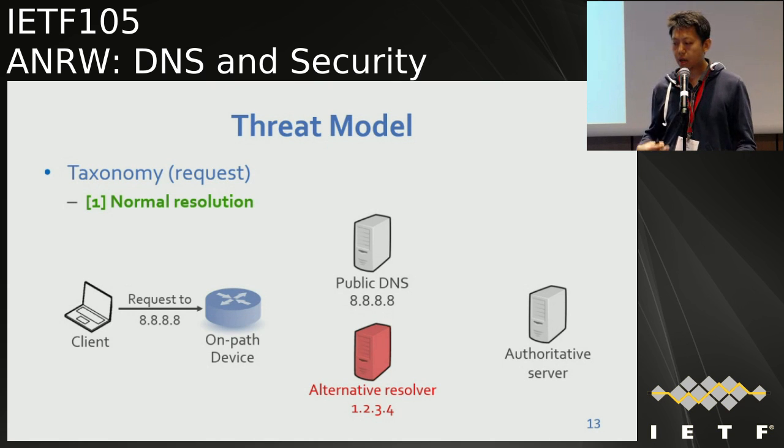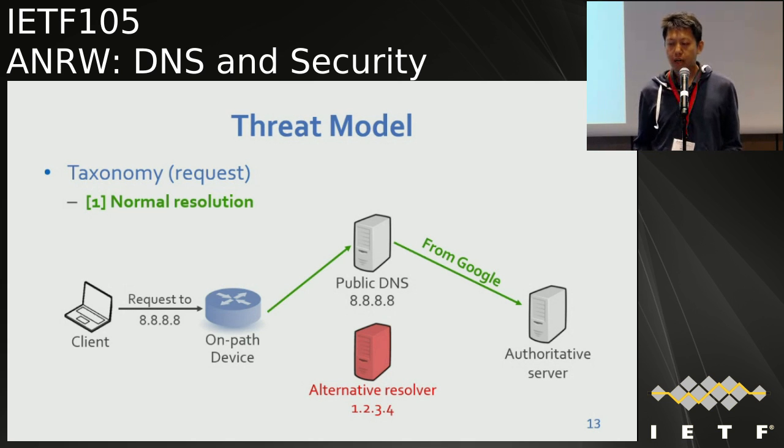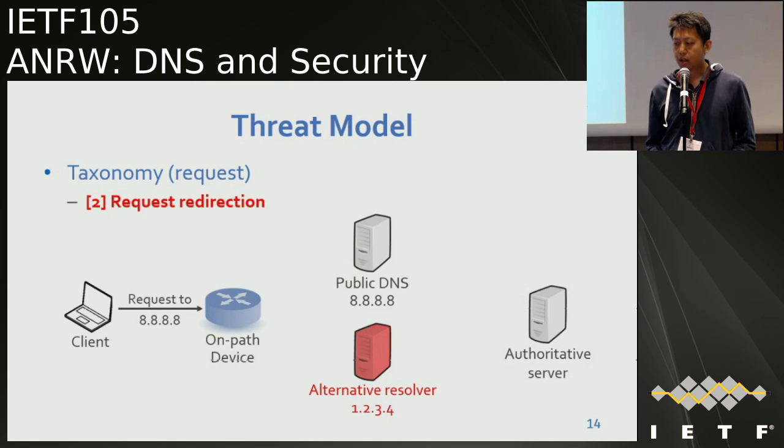So when the on-path device doesn't do anything anomalous or suspicious, it should just forward your request to the public DNS and let the public DNS handle everything. The bad things happen when this on-path device tries to change your request. The first example we look into is request redirection.